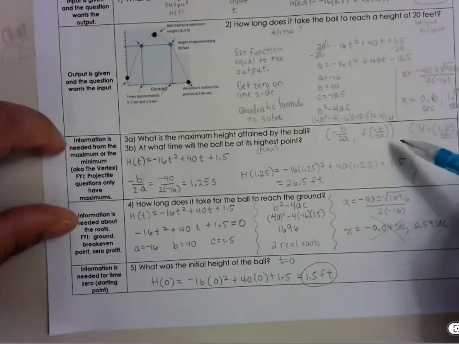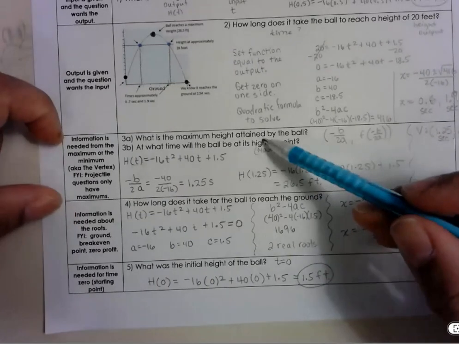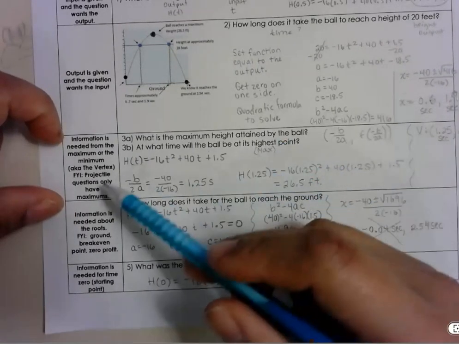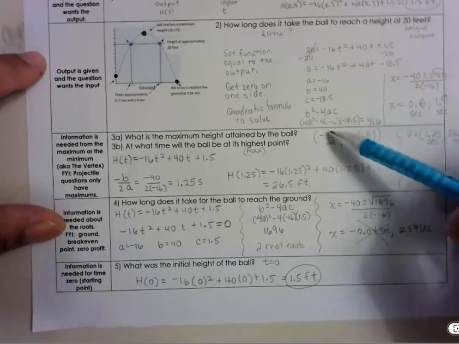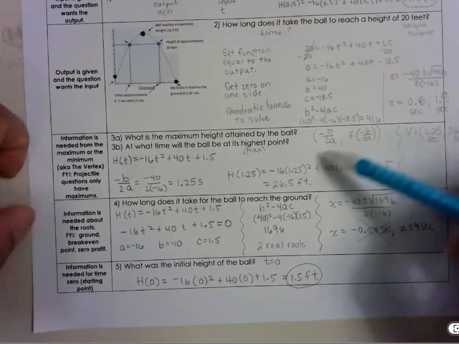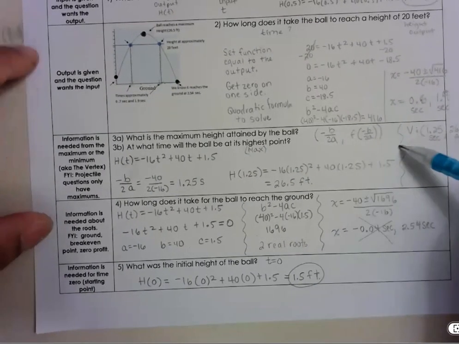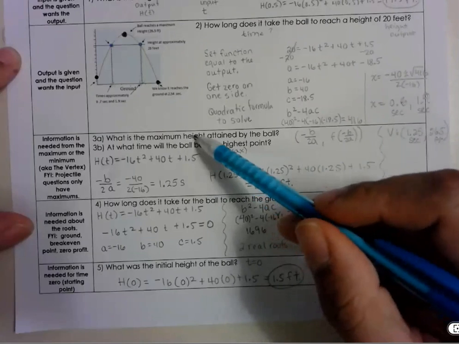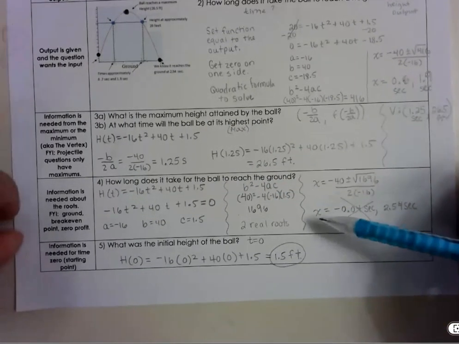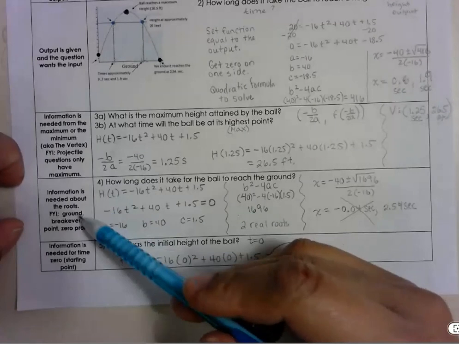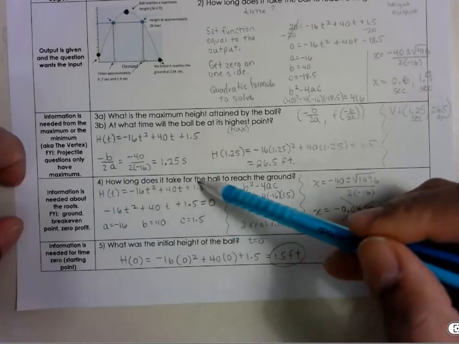The next type of question is questions about the vertex, so maximum height, or sometimes it'll be minimum, but for projectile questions you always have maximums. So I use negative b over 2a to find the vertex, and you just have to be careful. What are they asking you for? Are they asking you about the y value or the x value? They might want information about the roots. So how long does it take for the ball to reach the ground?